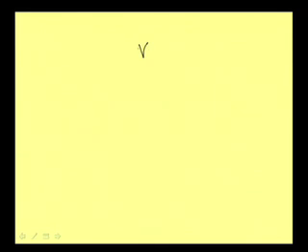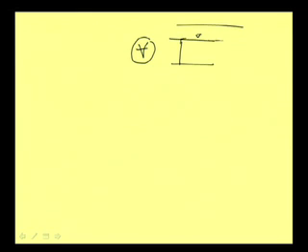Suppose a volume of flow is V, and in a flowing fluid, suppose it is flowing with an area A. Let me draw a three-dimensional view.